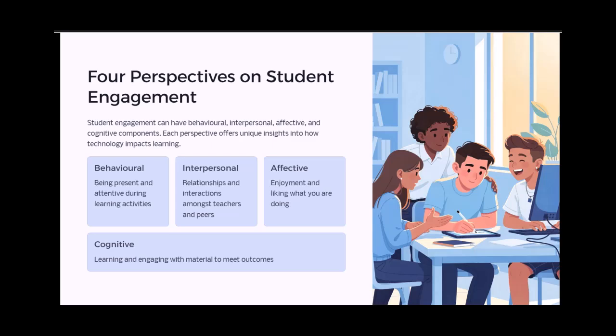Interpersonal means that they might be engaged on an interpersonal level, where they talk to their peers or have interactions with teachers. Affective then is enjoyment, or whether they really like what they're doing. And cognitive engagement is where they actually participate in the learning material, that they're not just present and attentive, that they're using the learning material or participating or trying to complete the tasks to meet the learning outcomes.